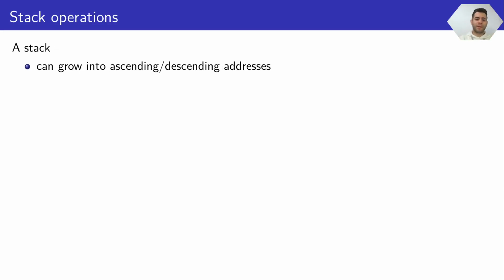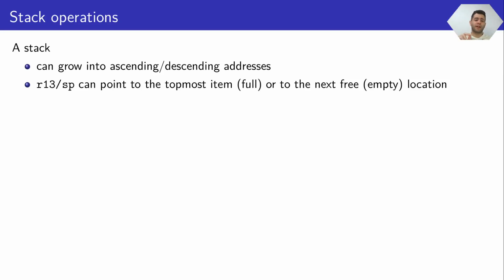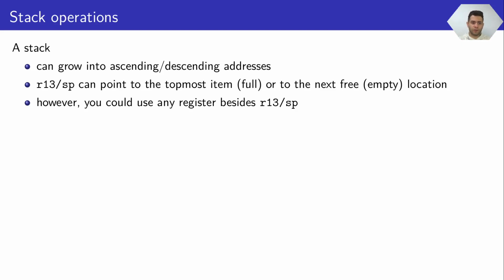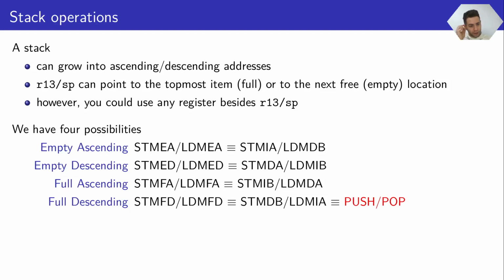A stack can be implemented in several ways, with ascending or descending addresses. The stack pointer can point to the topmost item or to the next free item, so full or empty. The fact that we are using ARM32 as the stack pointer is just a convention. Other registers can be used, but the stack is very often implemented in a full descending way. What does it mean?